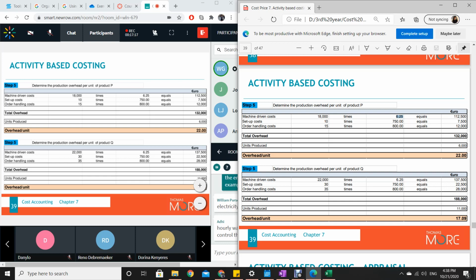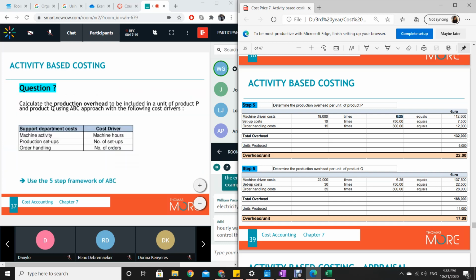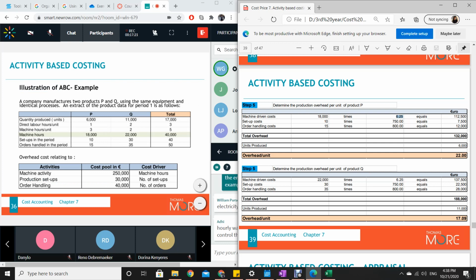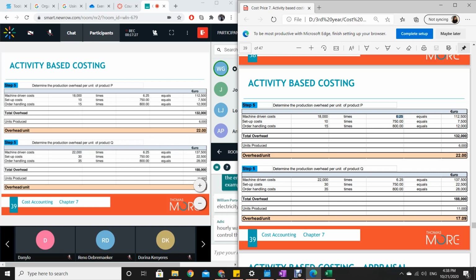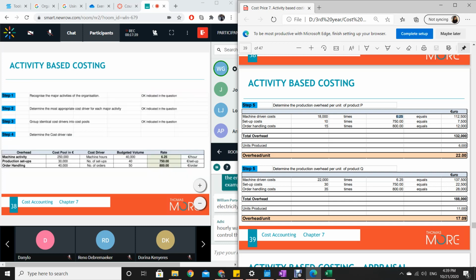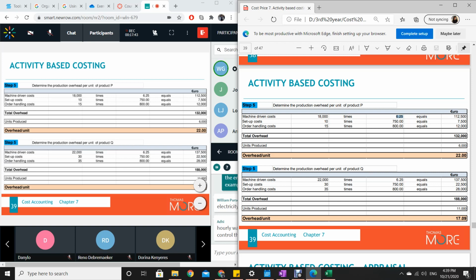For the setups, like you can see in the given, for product P, there are 10 setups. So here you do 10 times the key, which was 750, 7,500. And for the order handling, it was 15, and we said that the rate was 800. So we do 15 times 800.